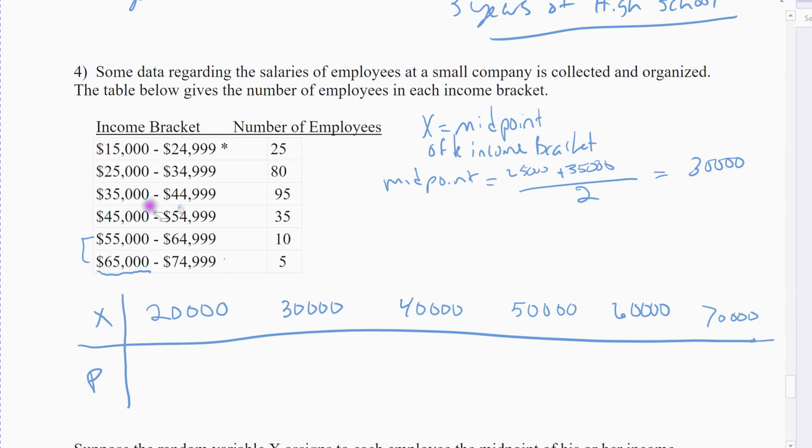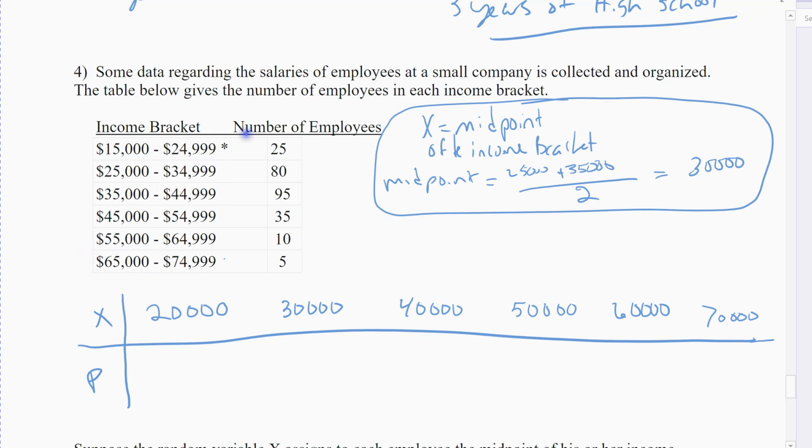Whenever we're given an interval of data, we always have to use the midpoint. We always have to keep this in mind. It's the value between my very lowest possible up to the highest possible, which is the next bracket's starting value.